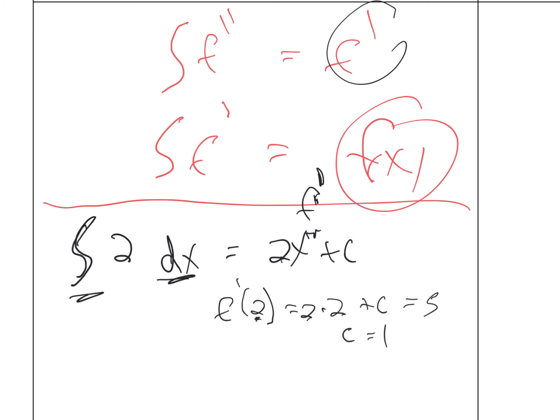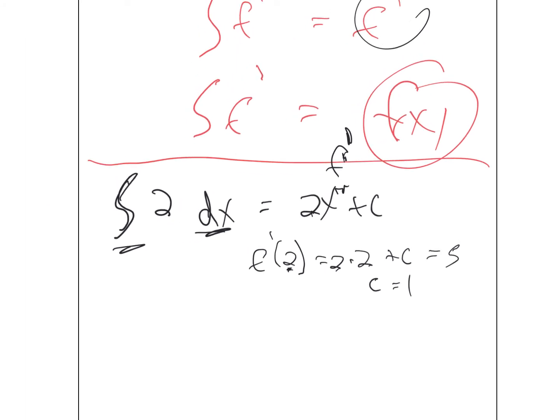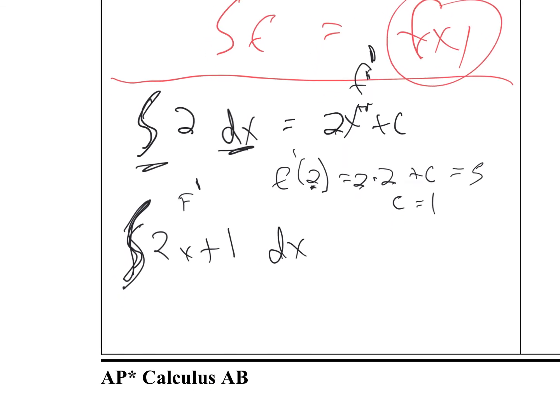C is 1. So what I have to do now is integrate 2x plus 1 dx. This is my f prime, and I want to make an f out of it. So I'm integrating this whole thing. When I integrate this, what do I get? This is my f now.